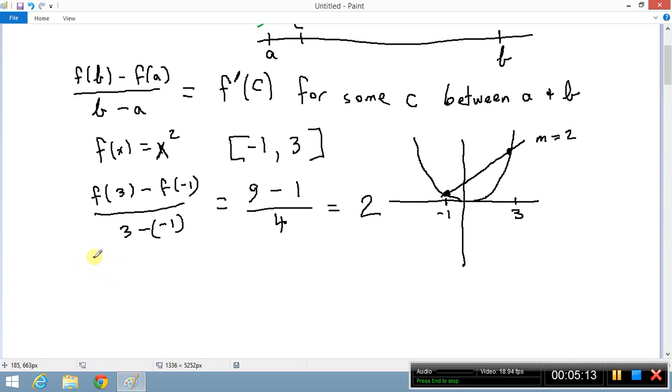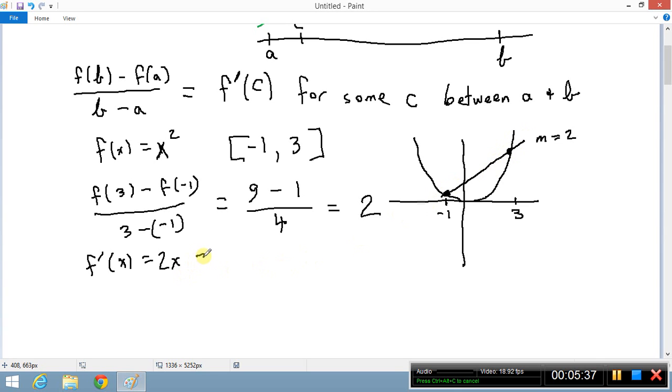Well, that's not too hard. You take the derivative, and that's going to give you 2x. That's the slope of the tangent line everywhere. But we don't care about the slope of the tangent line everywhere. We're looking for the slope of the tangent line at some point C, so that the slope of the tangent line is exactly equal to the slope of the line connecting the endpoints, the average rate of change.